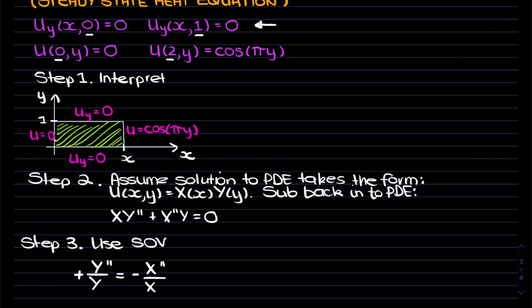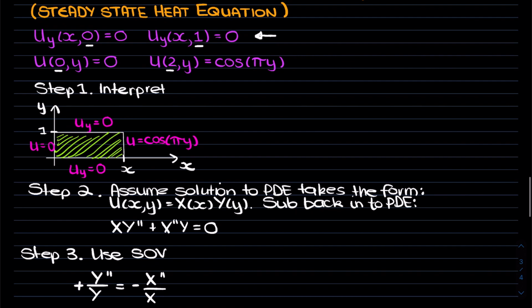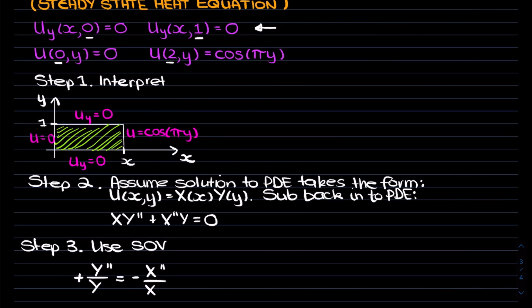If it was the other way around, then I'd put the negative sign with the y, and I do that in the previous video. Now because x and y are completely independent of each other, but yet they equal each other, we know that they have to be equal to a constant, and we'll call that constant k.